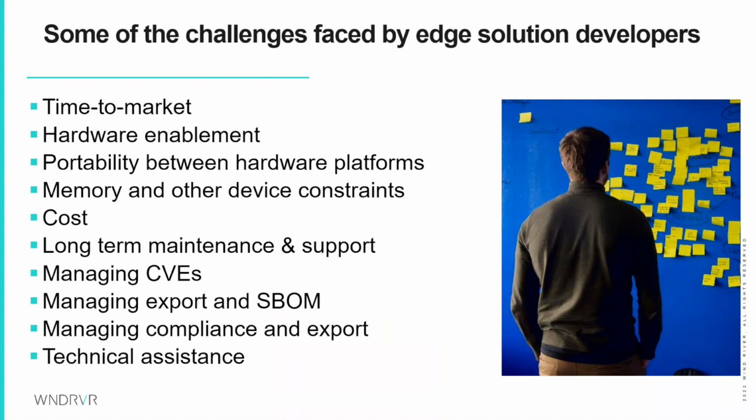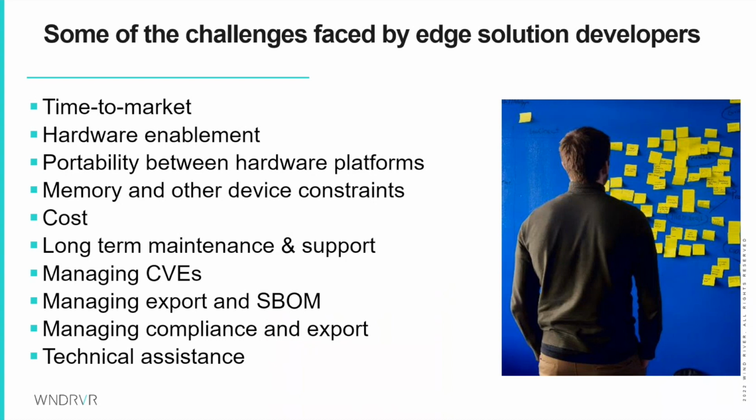Obviously, in an edge type environment, we're often dealing with a lot of device constraints, whether it's the memory or the processing power or even the communication speed. All of those things kind of limit what you can do. And that means that you have to make your application work in those kinds of environments, and that means that your underlying operating system also needs to be cognizant of that.